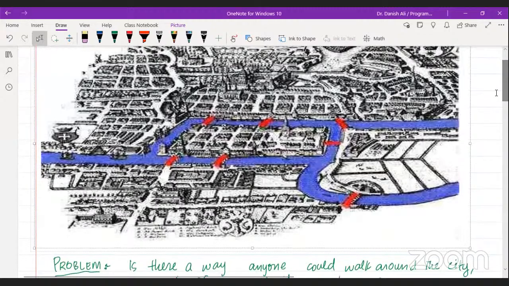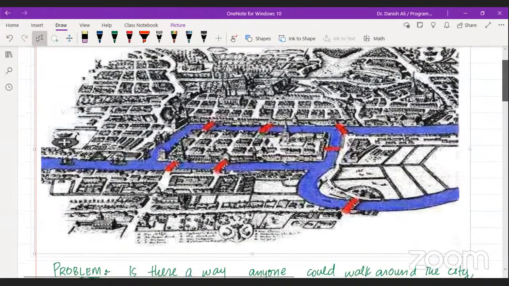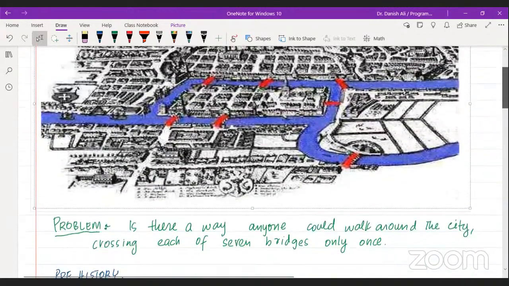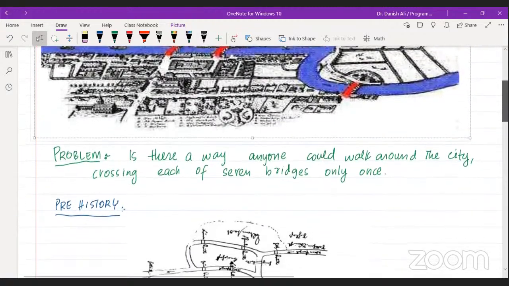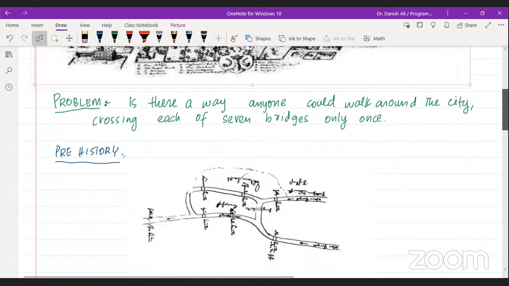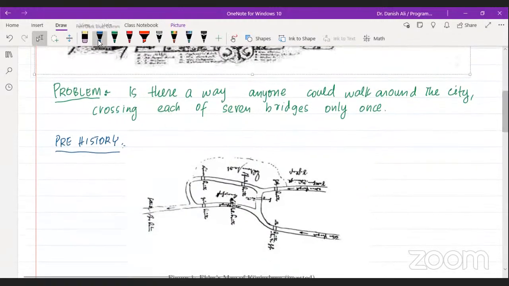It is just like a puzzle, but eventually it becomes a problem of mathematics, and it is posed by a mathematician whose name is Euler. He wrote a letter, actually, Leonard.